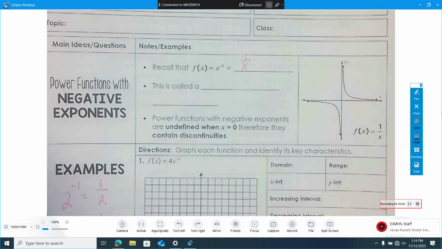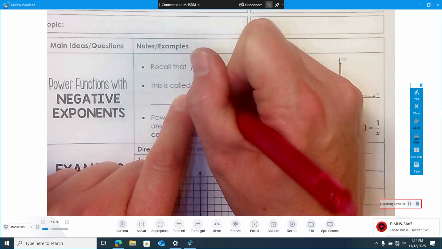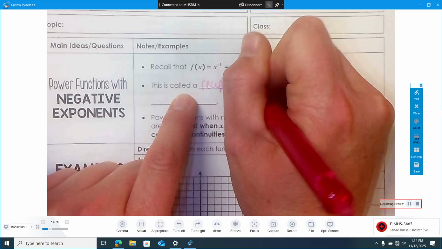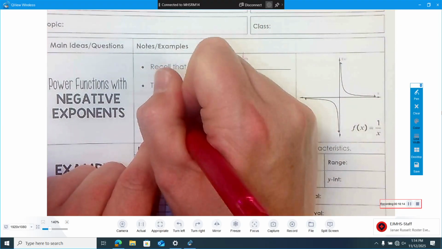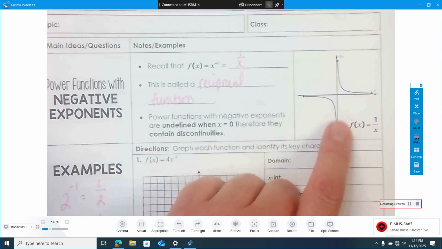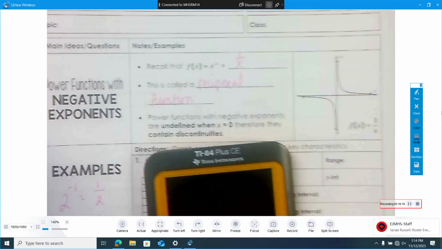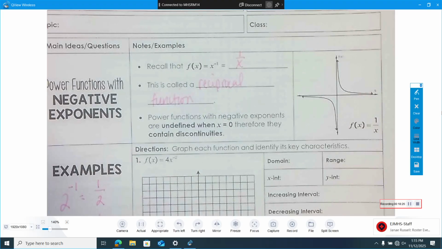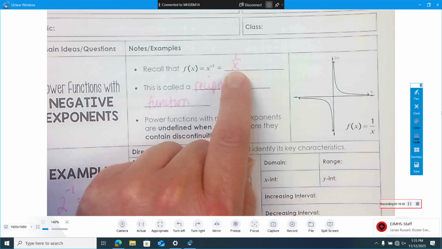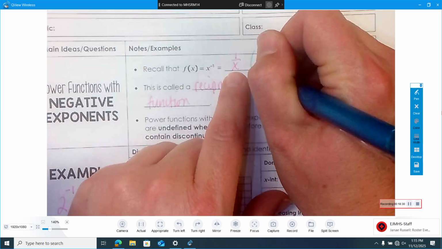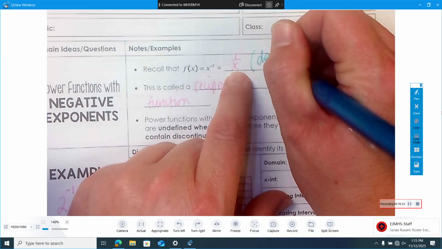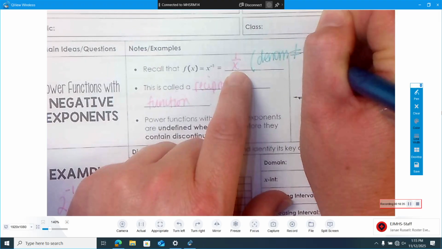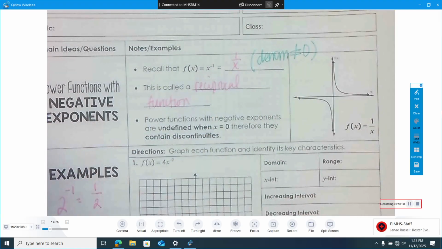And so 1 over x is called the reciprocal function, which we've already seen before. It's important that we remember that because this is really a fraction, we always have a denominator, and denominators always create domain issues for us.